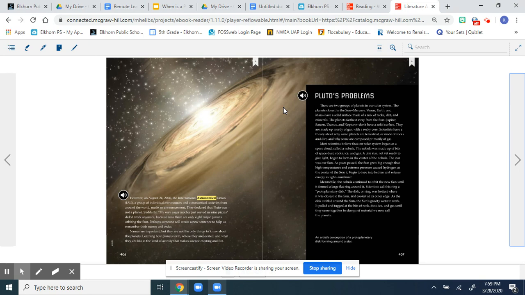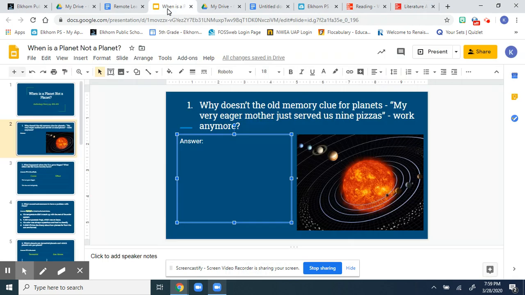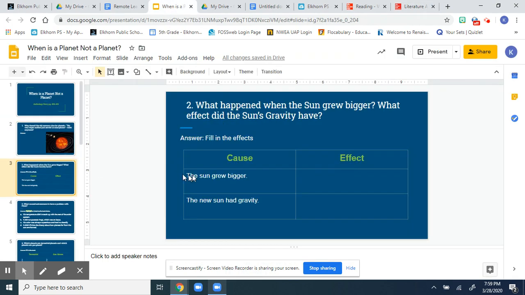All right, you also have one more thing you can do, which is on your PowerPoint. Here, your slide 3, which is question 2, says, what happened when the sun grew bigger? What effect did the sun's gravity have? So these are a couple cause and effect relationships. The first one is the sun grew bigger. That's a cause. So we want to know what happened because the sun grew bigger.